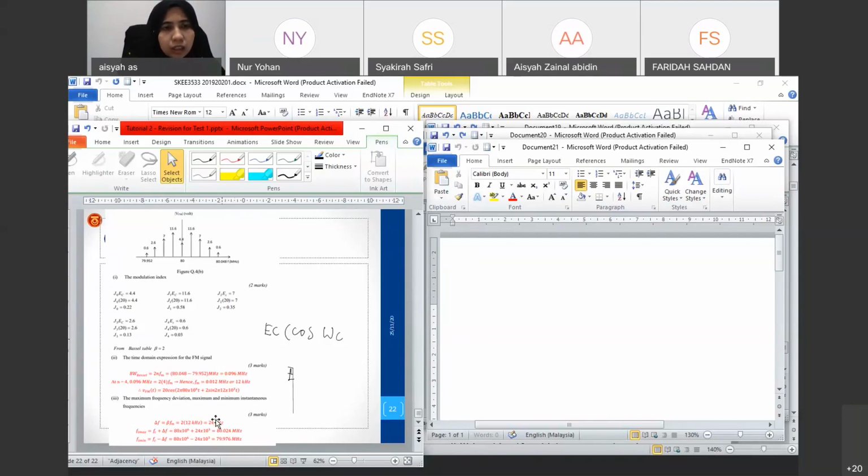The third is the maximum frequency deviation, and the maximum and minimum instantaneous frequency, the same as previous questions. You can get delta F equals beta fm, based on the equation beta is delta F over fm.